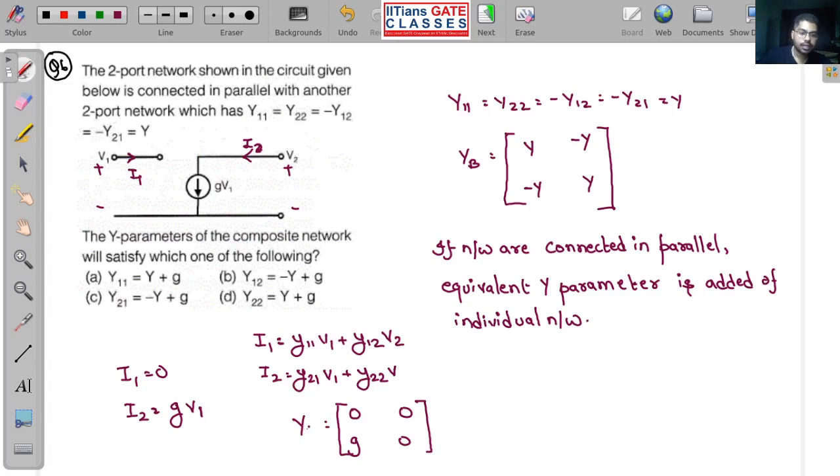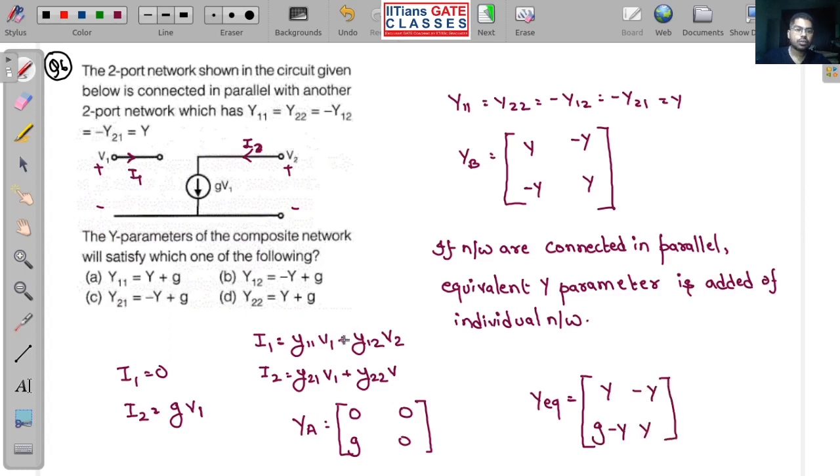This is YA, sorry. So now, when this network and this network are connected in parallel, the equivalent Y parameters are going to be added. So adding these, it will be y, minus y, G minus y, y.